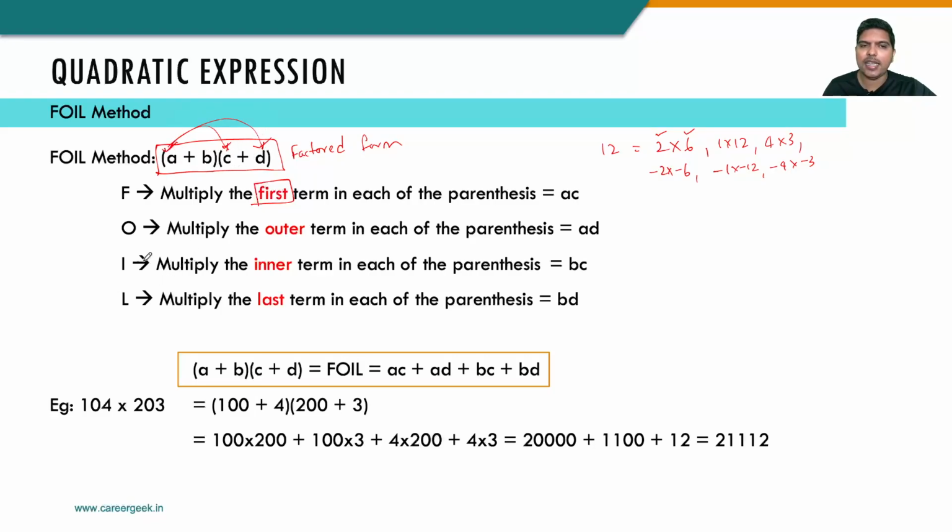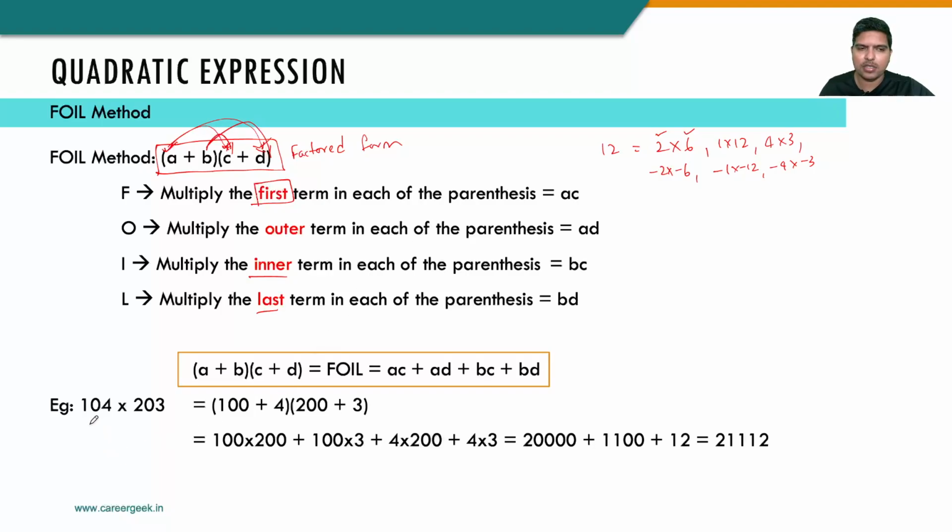Then I is inner, B and C. Okay, B and C are inner terms. Then L is for last, B multiplied by D. So this is the FOIL method, which helps to remember the correct order of multiplication of the variables or numbers.